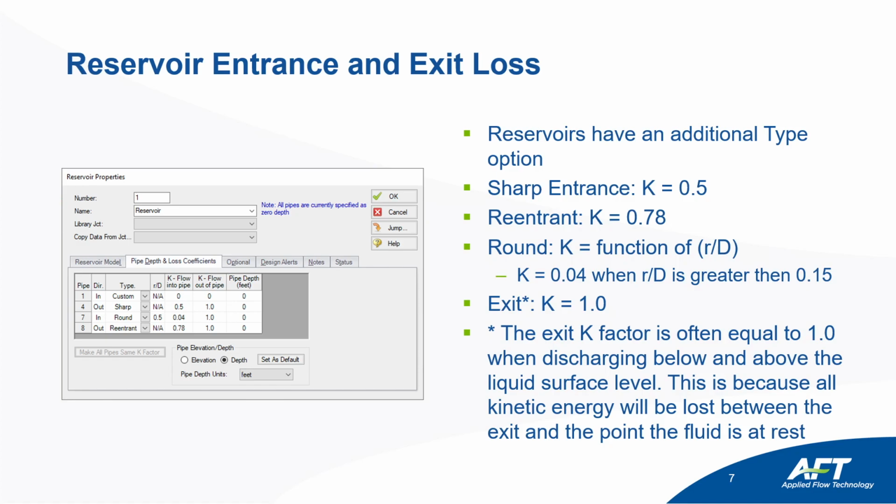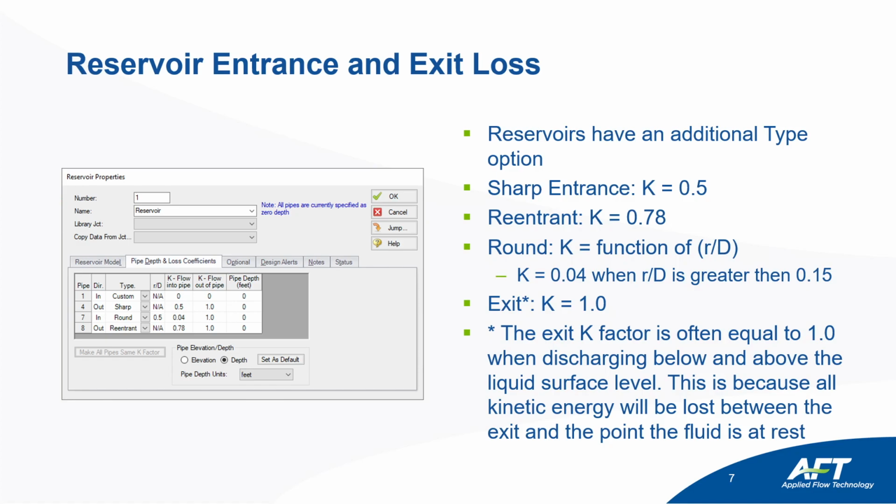It's going to be a K factor of 1. This is because all kinetic energy between the outlet of the pipe and a point infinitely far within the reservoir of fluid at rest is completely lost, and that's accounted for by K equals 1.